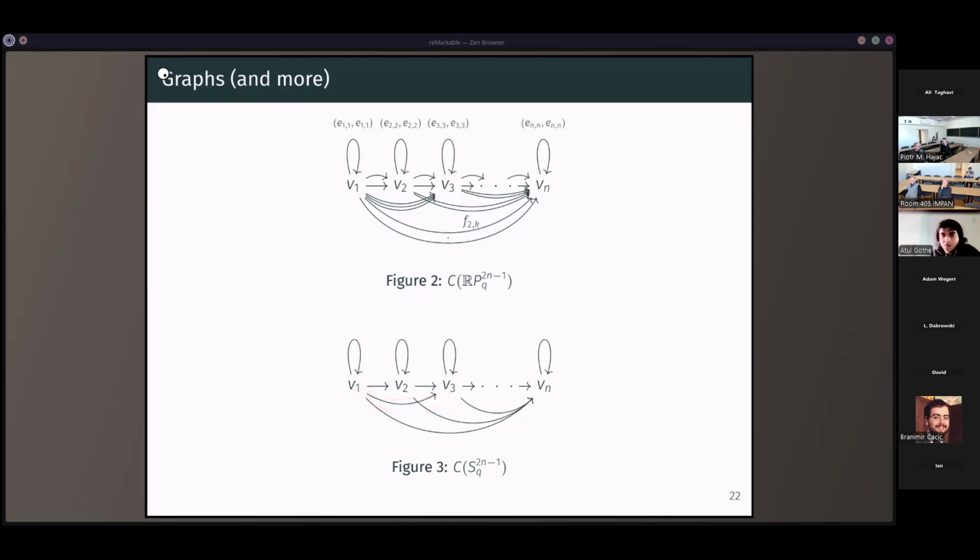But for RP_q^{2n-1}, it's slightly more complicated. There are way more edges. The number of vertices remains the same, V1, V2, ..., Vn.